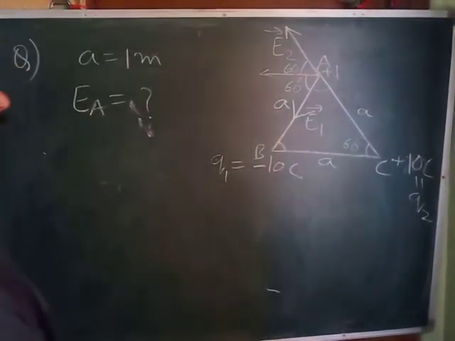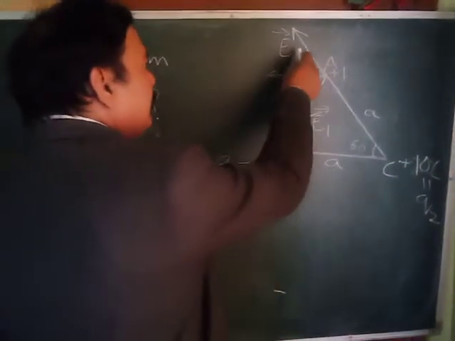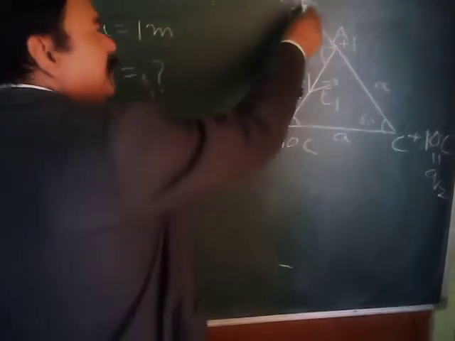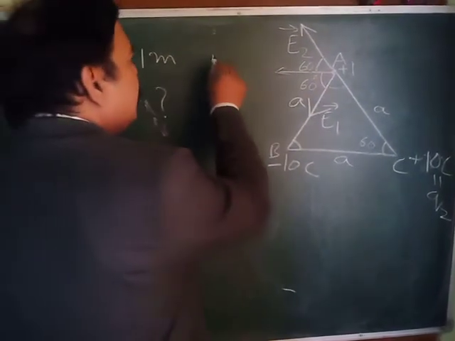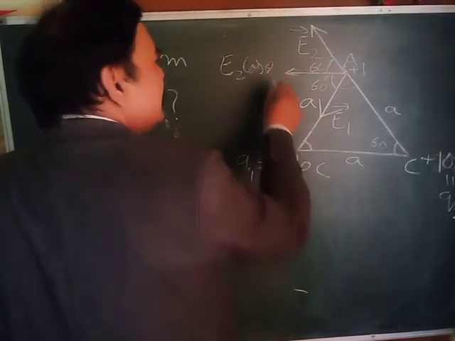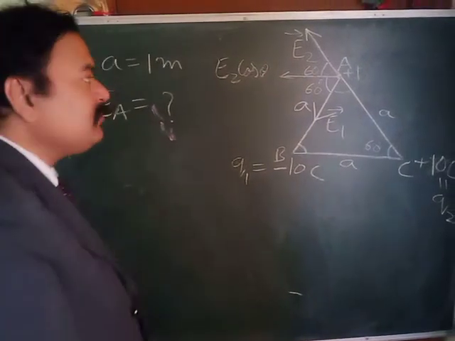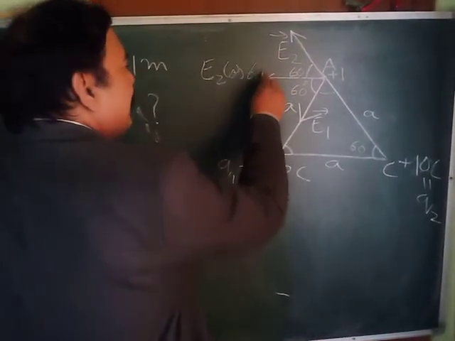Now we can take the components. We take the component of E2 first. The side at which the angle is connected, we write E2 cos theta, or specifically cos 60.